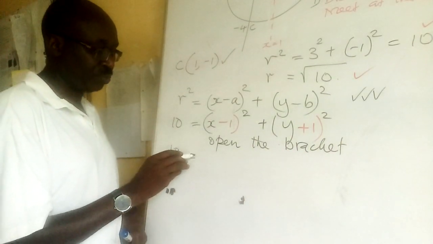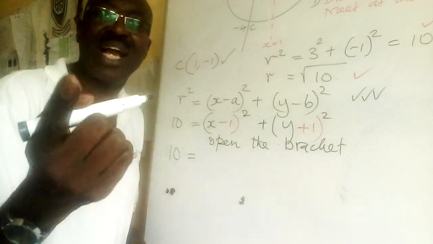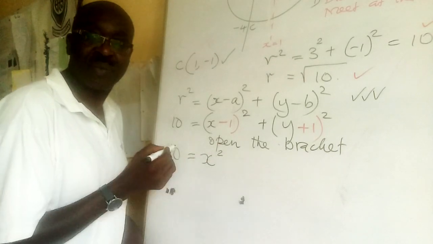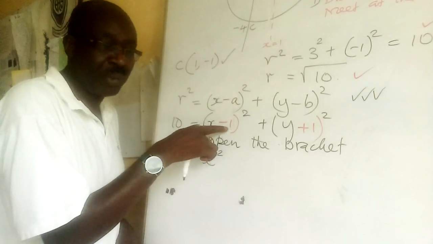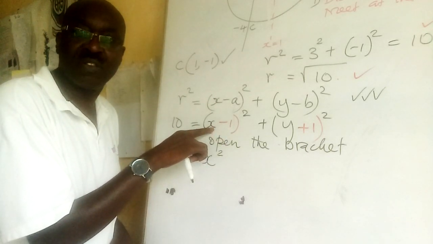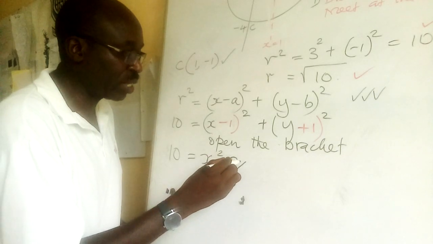Folks, 10 is equal to, now this one you should know how to, a good practice for you. The first term is x squared. The second term is a product and then times 2. The product is -1x times 2, -2x.